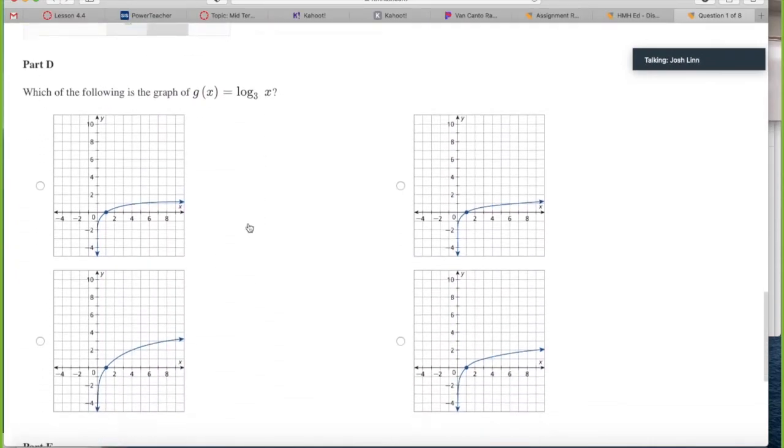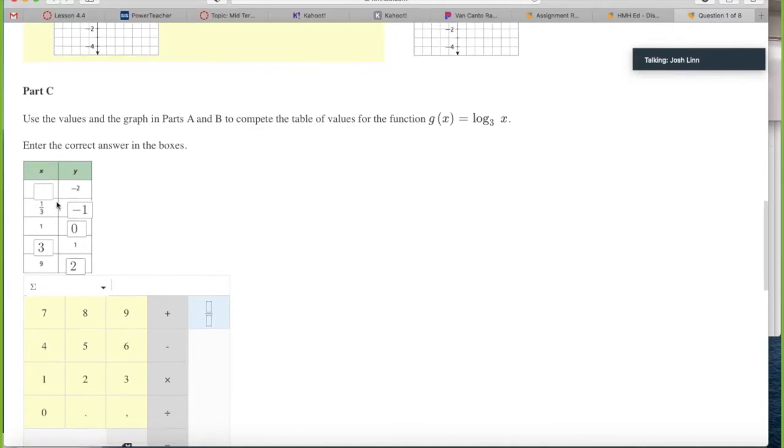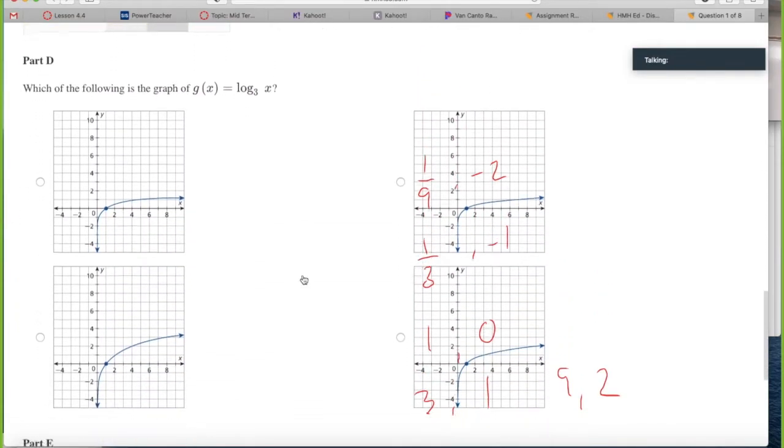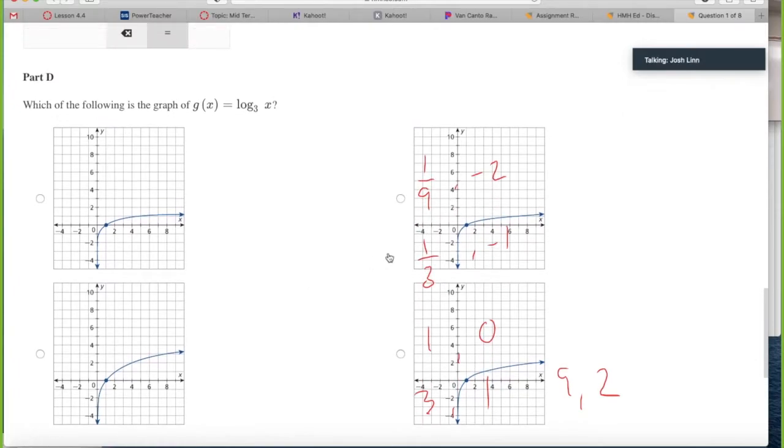So which of the following graphs? Let's write some of these down. I've got 1/9, -2; 1/3, -1. Let's get some real points that I can actually find. Here we go. So 1, 0.